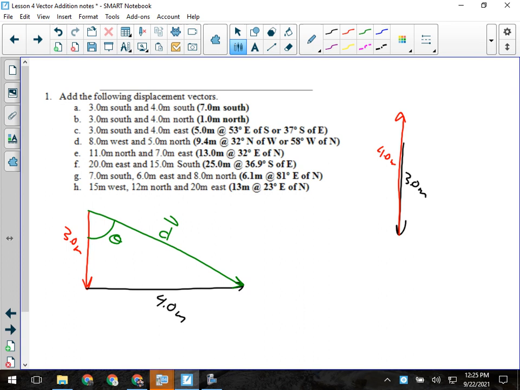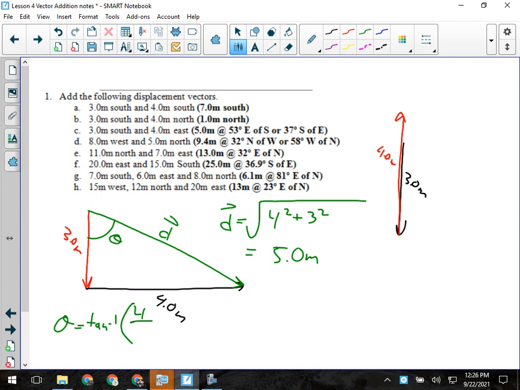If I wanted to calculate D for this one, the magnitude of D would be 4 squared plus 3 squared, which is 25. The square root of 25 is 5, so we got 5.0 meters, and then we would have to calculate this angle here. So theta would be tan inverse of the opposite side, 4, over the adjacent side, 3.